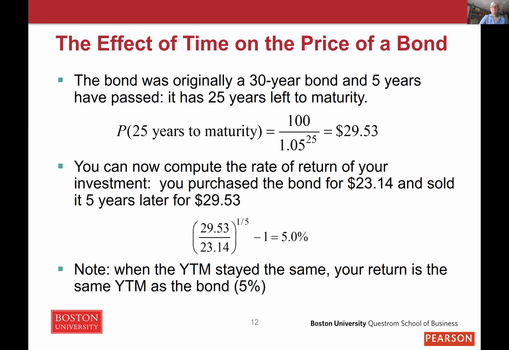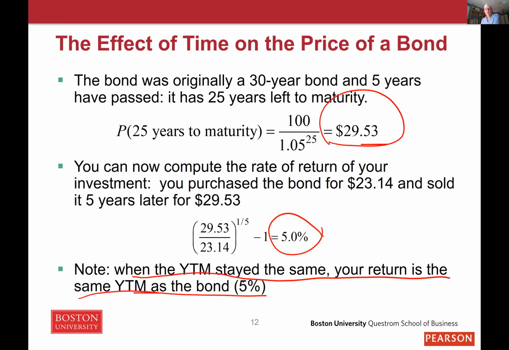So we sell it 5 years later for 29.53, and the return on our investment is 5%. And the point is that when the yield to maturity stayed the same, the return on our investment was 5%. So when you go back and look at this, the slides will help you walk through what I did.